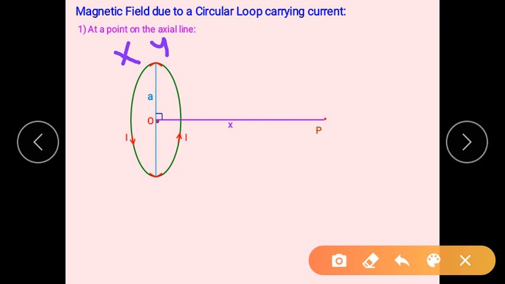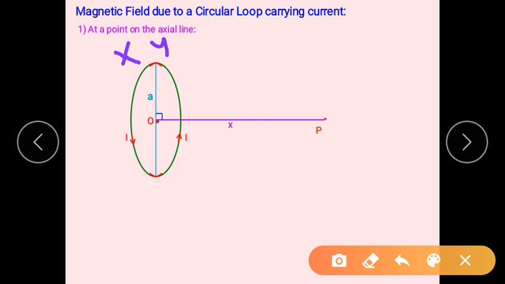If we get the magnetic field due to a single element, we can find out the magnetic field due to the entire circular loop by integrating the result or by taking the summation. That is, we find the magnetic field due to each element, then you add all the results. You will get the total magnetic field at P due to the entire circular loop. That is the procedure we are going to follow.